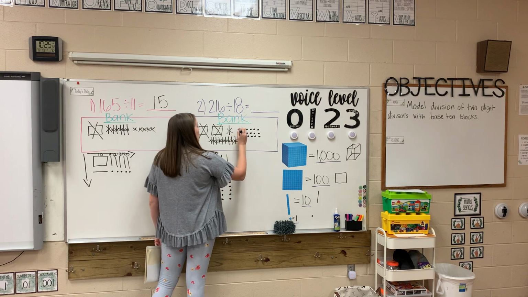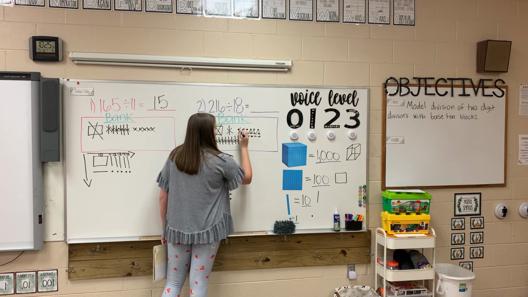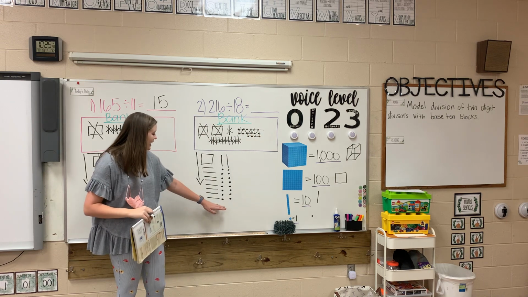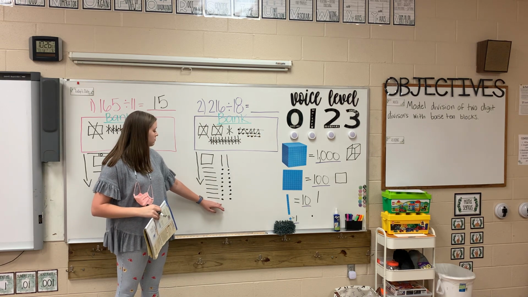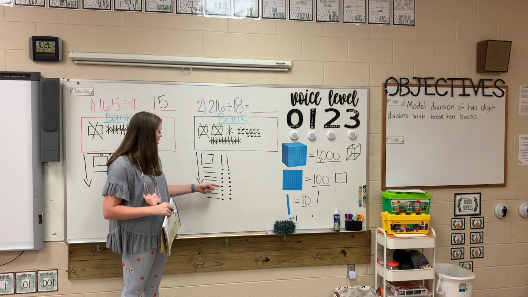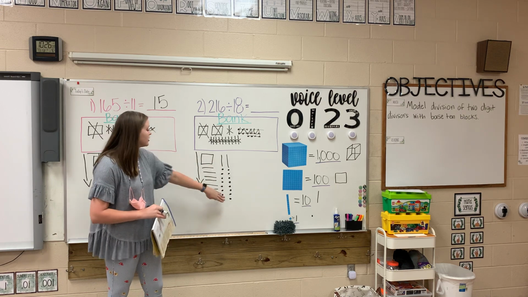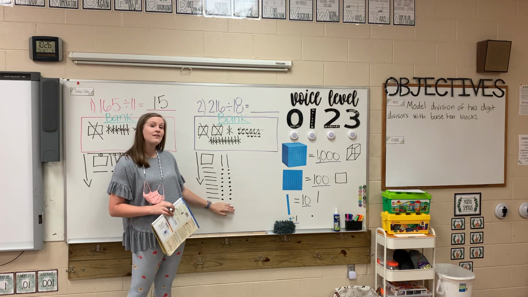I have used all of my dots. Is my picture even? Yes, right? 1, 2, 3, 1, 2, 3, all the way across, and 1, 2, 3 at the top. Okay? So my picture is now completely even.